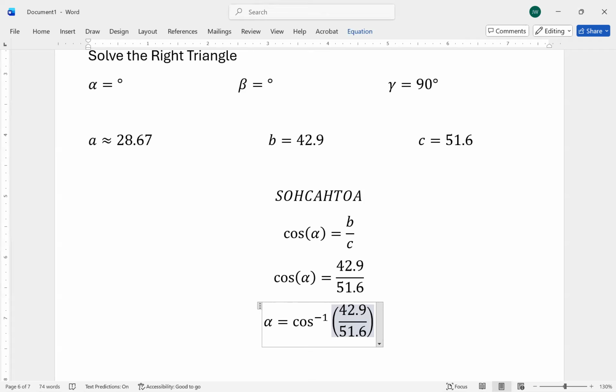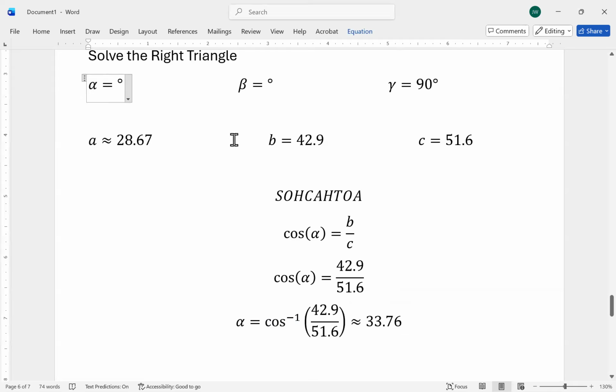This is something I can type into my calculator. As long as my calculator is in degree mode, it'll give me an alpha in degrees. We could say the approximate answer is 33.76. So alpha is about 33.76 degrees.